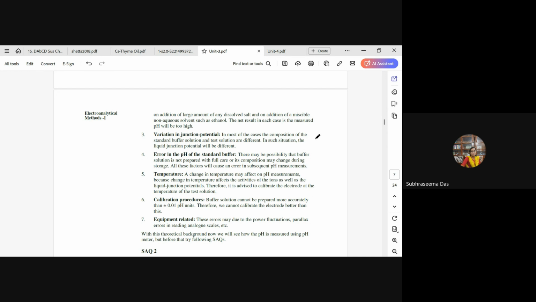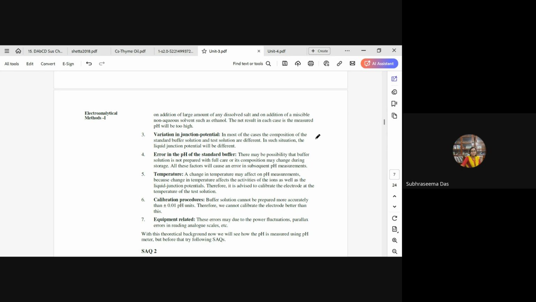Another point that influences inaccuracy in pH is the calibration procedure. If the calibration of the instrument is not done accurately, then we have a problem during the pH measurement.